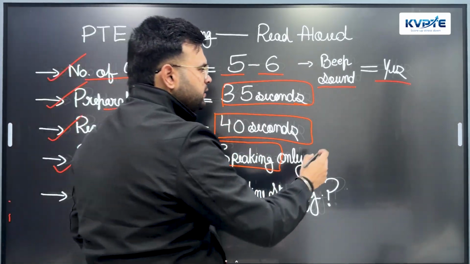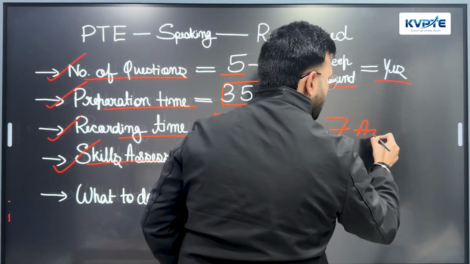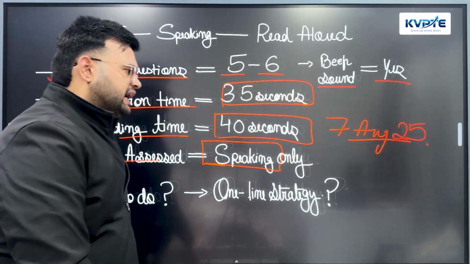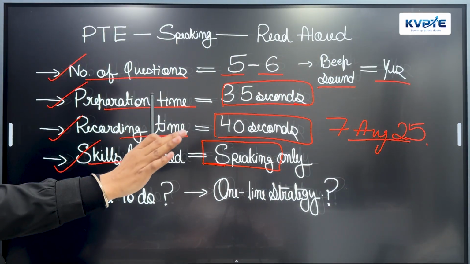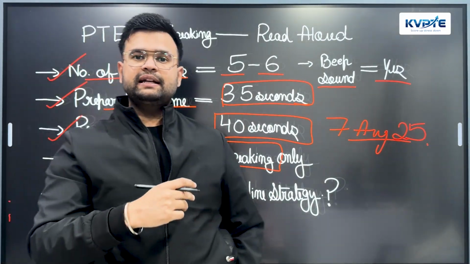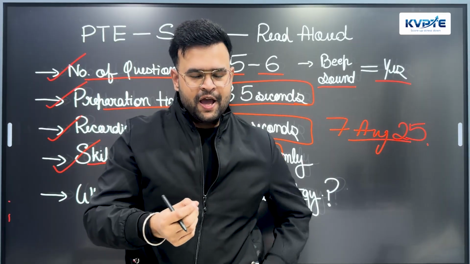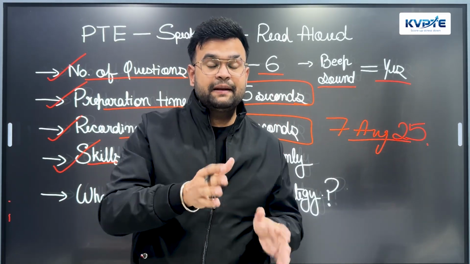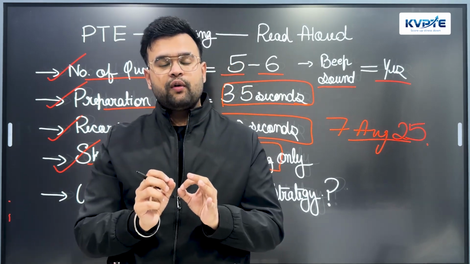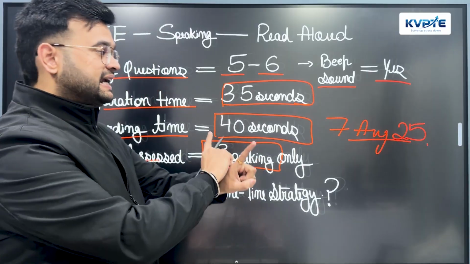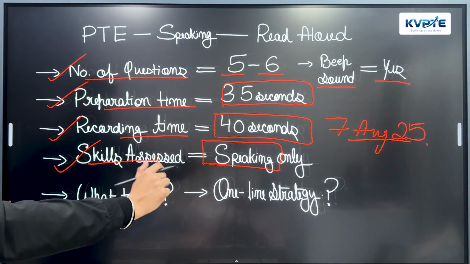One important thing, before 7th of August 2025, the Read Aloud speaking task used to give marks to reading also, which made our work a bit easier, because one task was providing marks to speaking and reading. But now it only provides marks to the speaking module. It doesn't provide marks to the reading module.